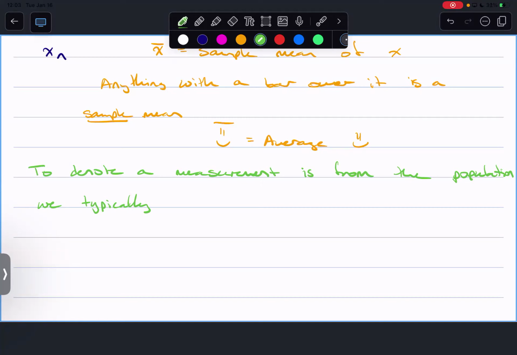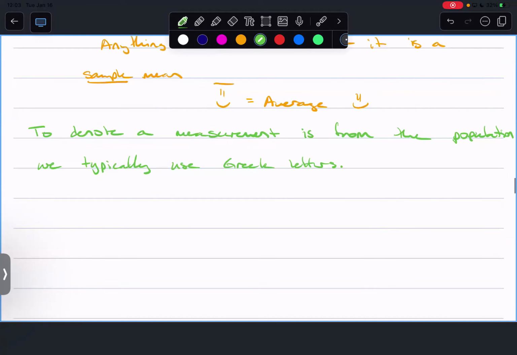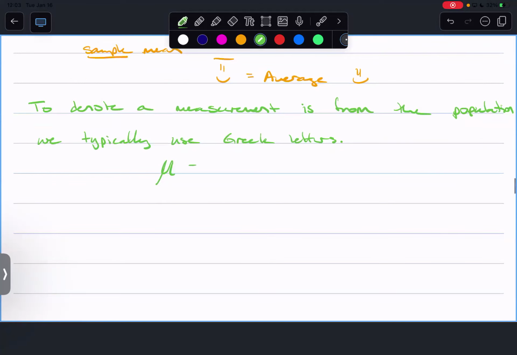There's one instance where we don't, but in broad strokes, we use Greek letters. So to denote the population mean, we use this Greek letter mu, which is kind of a fancy M. And so mu is the population mean.